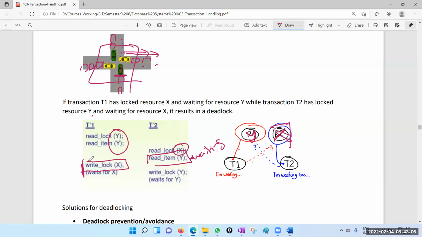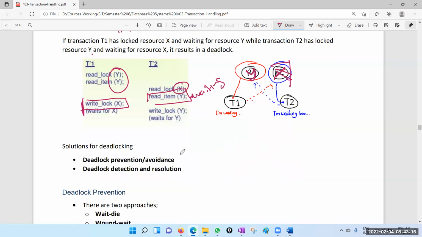Okay. So there are two tactics the database management systems use in deadlock handling. The first approach is deadlock prevention or avoidance strategies. That is, before these deadlocks happen, the database proactively prevents them.